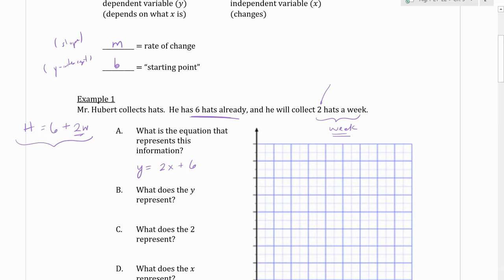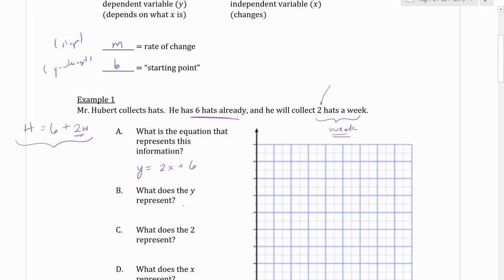It says, what's the equation that represents this information? Where the y is the number of hats he has. The 2 is the rate of change. He gains, I guess gains may not be the best word, gains 2 hats every week.